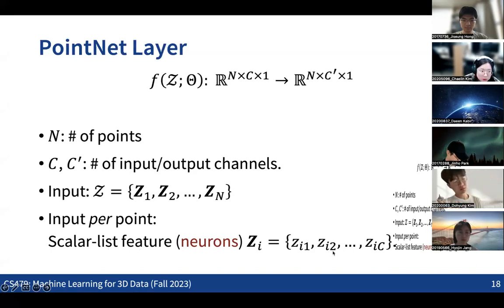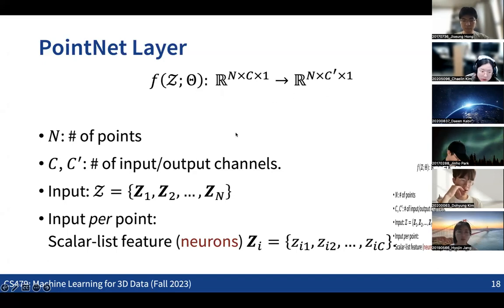Basically the same thing, but we'll see what the meaning of that is in the next slide. So for each point, we have this list of scalar features, a number of scalar values like this.